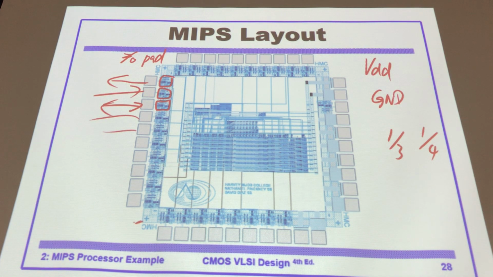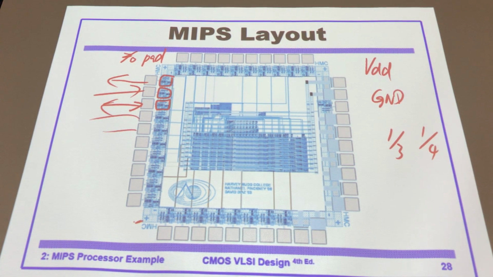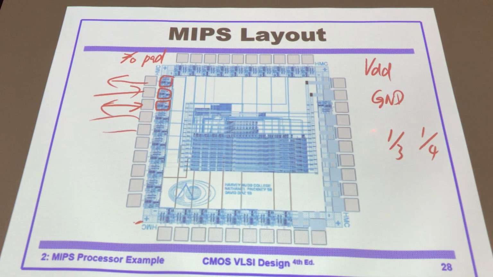And when a large current goes through a narrow wire, it's going to have a large voltage drop. The wider, the more stable the signal going up or going down. So that's why there could be many pins for VDD and ground.